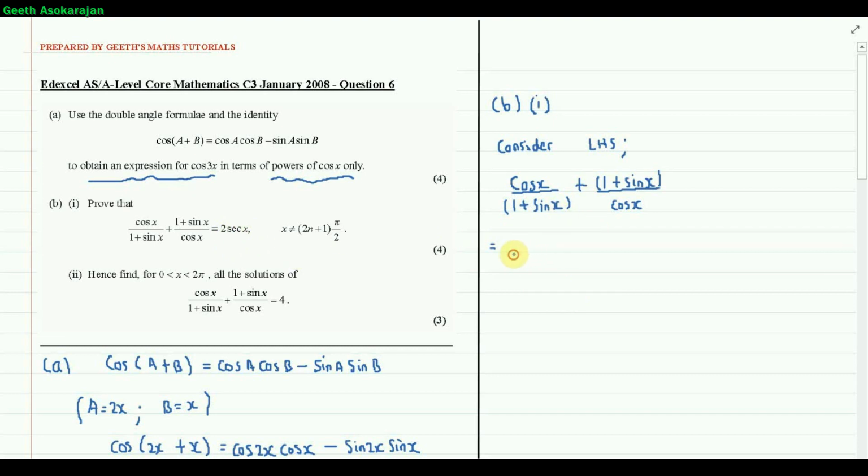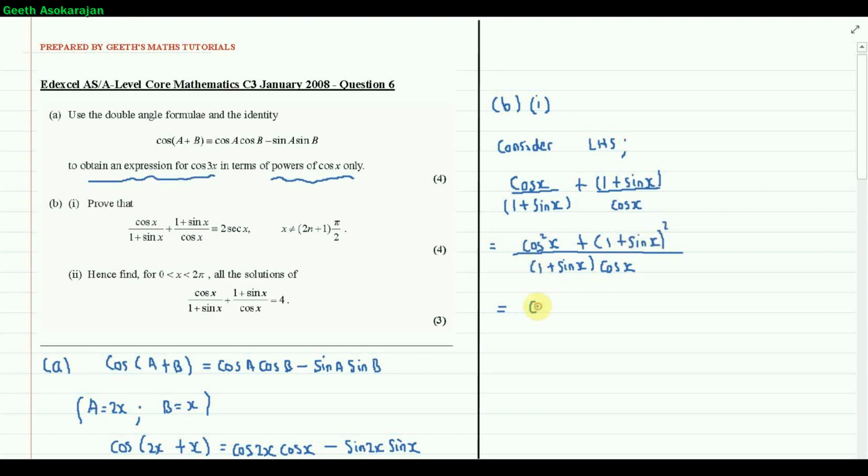So first things first, let me take a common denominator of 1 plus sine x cos x. So if I take a common denominator of this very term, in the numerator we're going to have a cos squared x plus a 1 plus sine x squared. So that is what you'll get when you take a common denominator of this term. Further to that, let's multiply the 1 plus sine x squared.